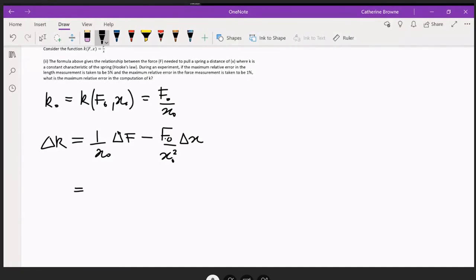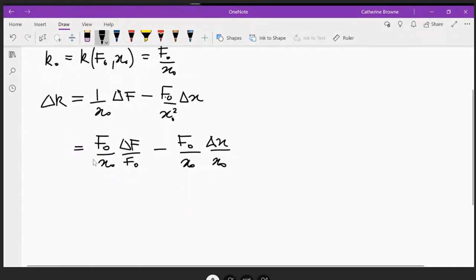And so I'm going to times this first term by f naught on f naught, so that we get f naught on x naught, changing f over f naught. And then I'm going to just split out this x naught squared term. So we get f naught over x naught, and then we'll put the other x naught here.